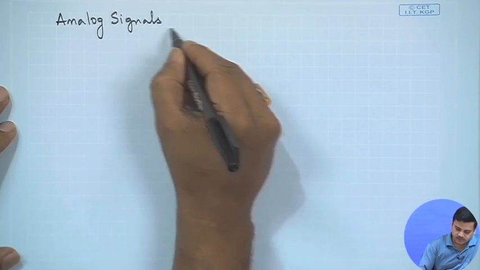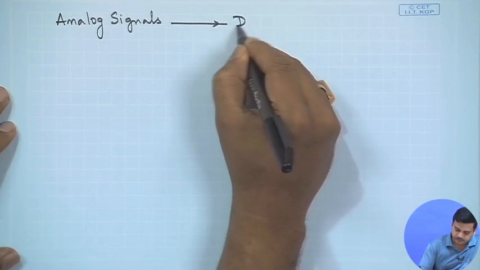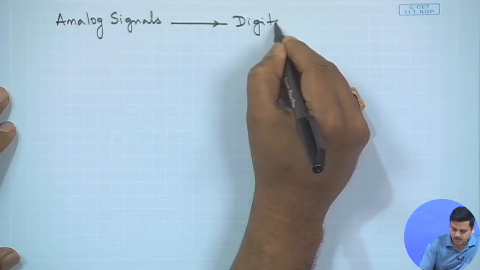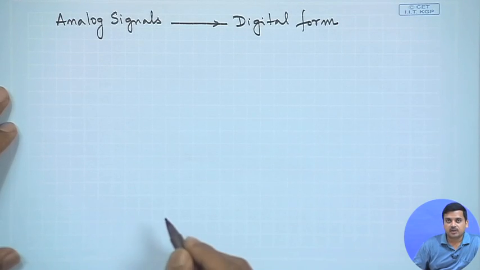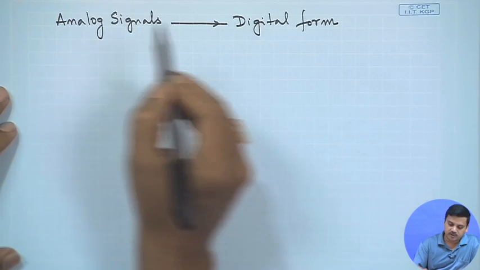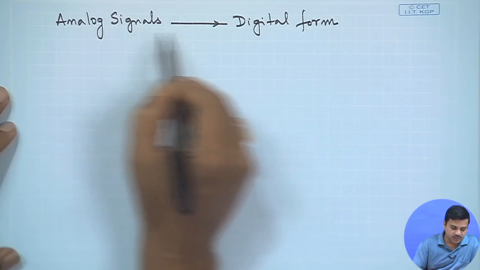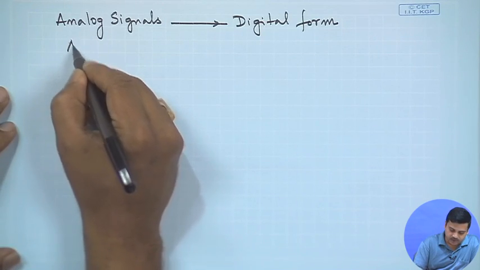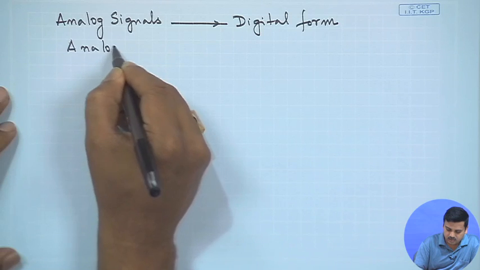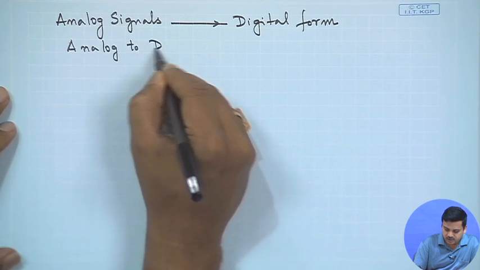first to digital form, and definitely at the receiver you would like to convert this digital form back to analog. This particular process is usually described by the terminology analog to digital conversion.